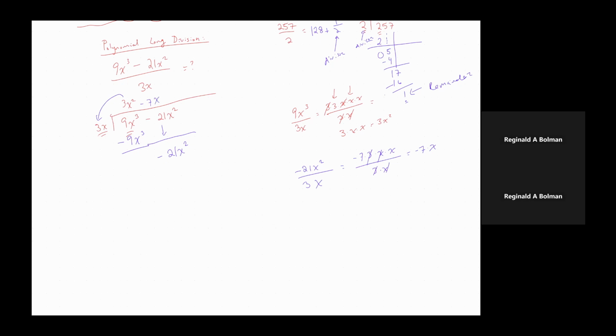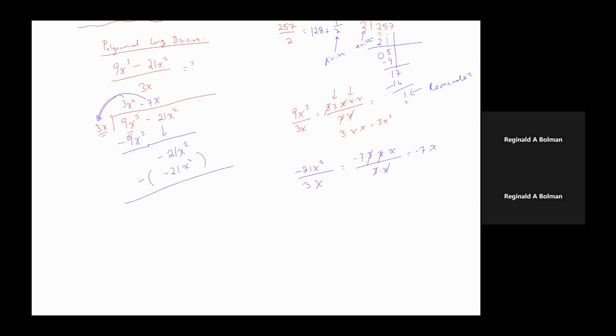So now, just like before, we back multiply negative 7x with the 3x. Negative 7 times 3 gives you a negative 21. X times x gives you an x squared. And of course, you're going to subtract this. Now, remember, subtraction of a negative is the same thing as addition.